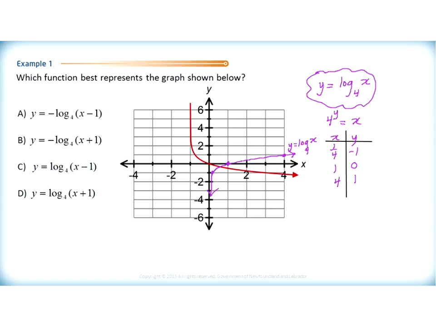So now let's talk about the transformations that have occurred. Notice that first of all, we need to determine if any reflections exist. And in this case, I can see that there has been a reflection in the x-axis. So if I take the purple graph there and I reflect it in the x-axis, this is what the new graph would look like.